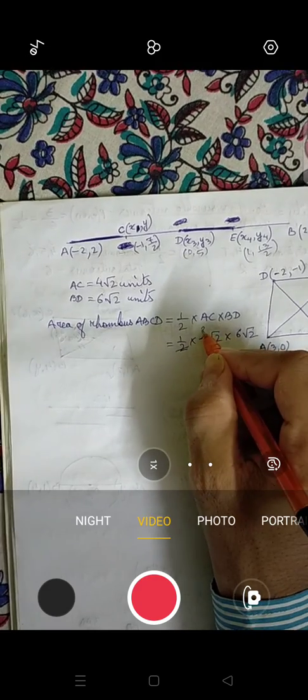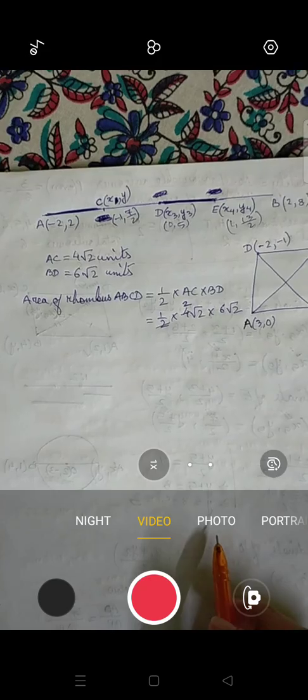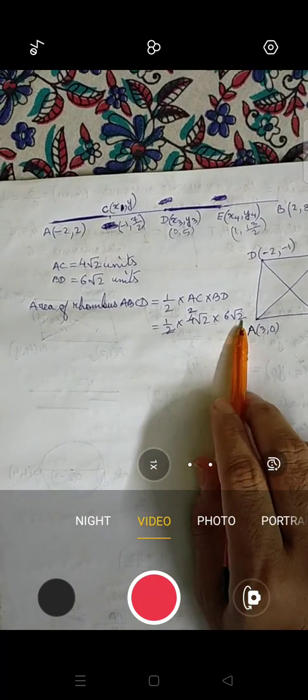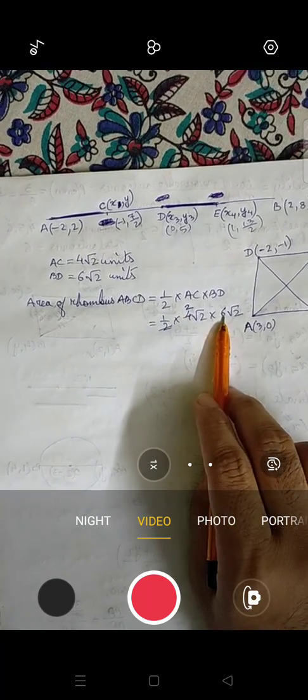Now half is half, AC is 4 root 2 into BD is 6 root 2. Now this 2 and this 4 can be cancelled, we will have 2. Now root 2 into root 2 is 2. So 2 2s are 4, 4 6s are 24.